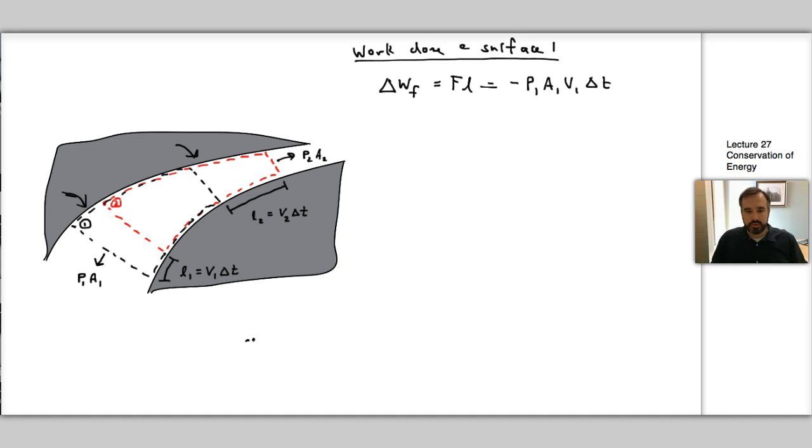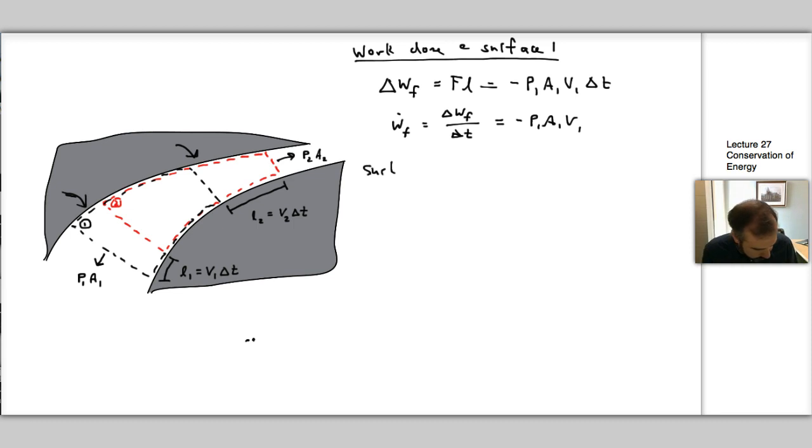So a force P1A1 times V1 delta t is the length. Okay? So that WF dot, which is delta WF over delta t, is equal to negative P1A1 V1. Okay?